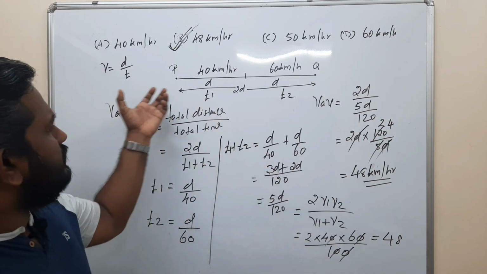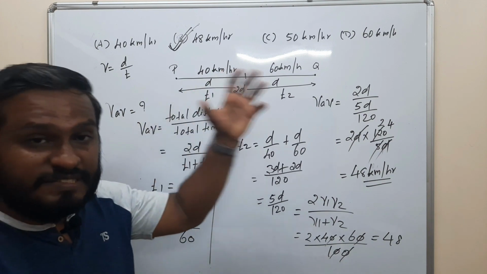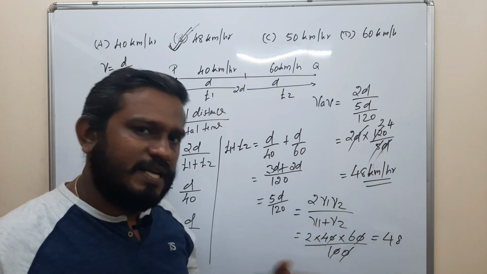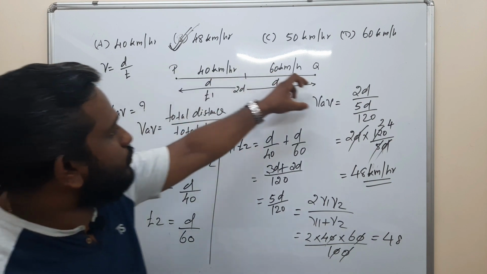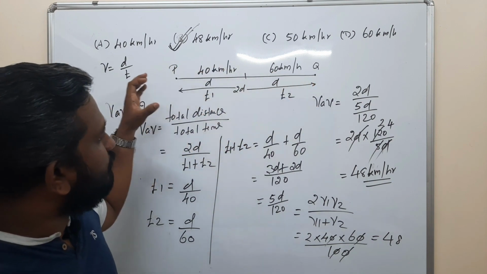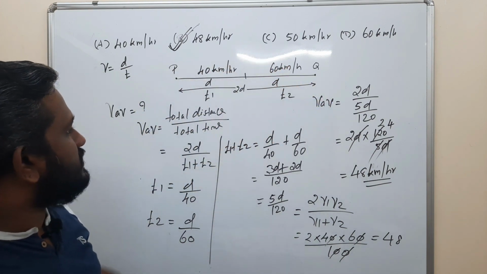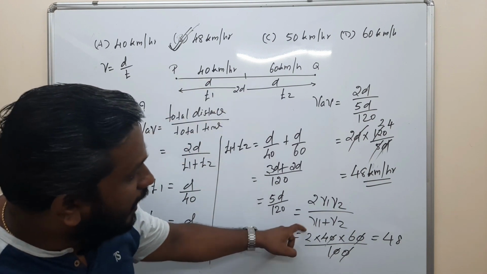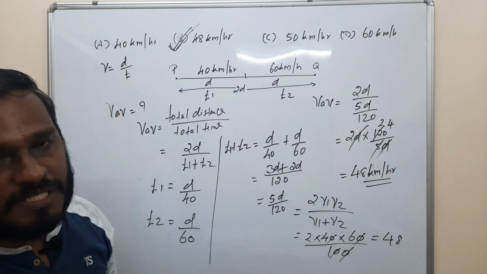So if the two parts of the distance are the same, we can apply this formula for both average velocity and average speed. Similarly, if an object moves from P to Q with one speed and returns from Q to P with another speed, in that case also for average speed we can apply the formula 2 v1 v2 divided by v1 plus v2.